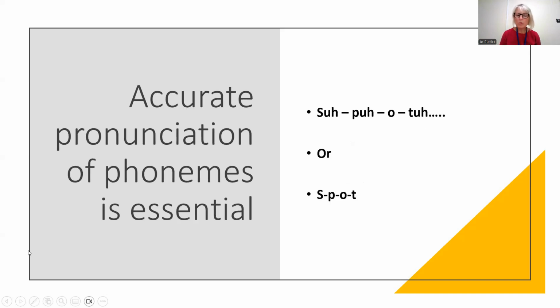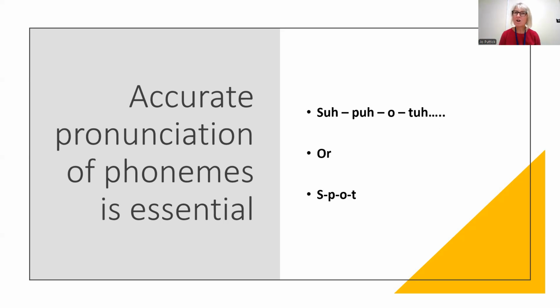This means we all need to pronounce our sounds, or we can call them phonemes, as clearly and accurately as possible. In the past, phonics was perhaps taught by saying sounds like this: s, p, o, t.